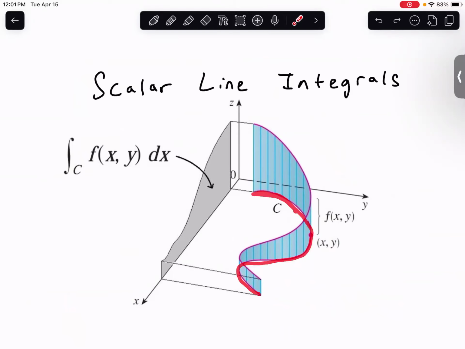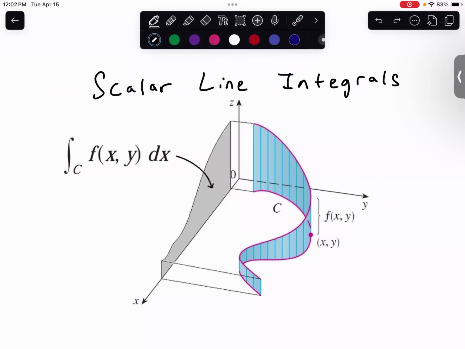This is the curve that we're integrating over. This is our curve C. This curve C gives us the collection of inputs that we're going to be plugging into our function f of x, y. Once you plug our points into f, you get something that looks like the following.